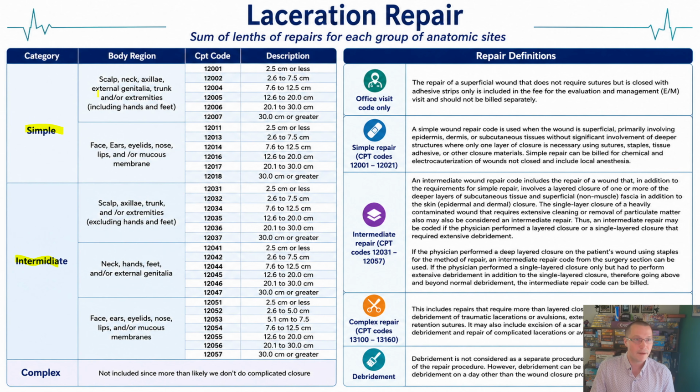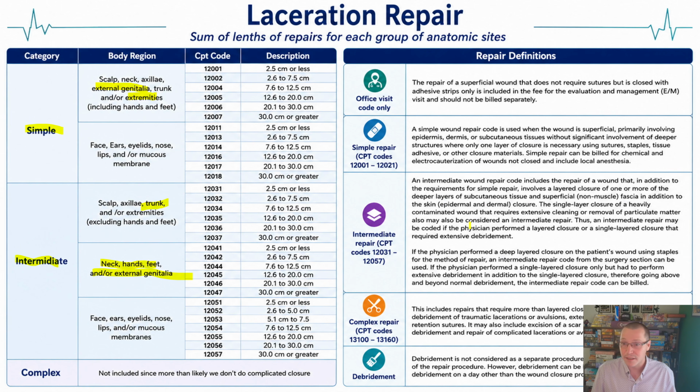Basically, what you can see happens is the neck, external genitalia, and extremities all get separated into their own grouping. Reason for that is there's a higher RVU to these groupings because, let's face it, if I have a bad scar on my trunk, I'm not necessarily going to care as much as compared to my genitalia. So it has a higher RVU attached to it for that reason.